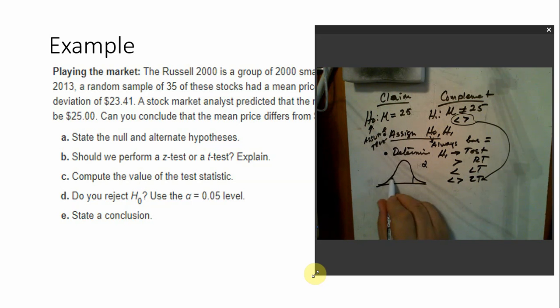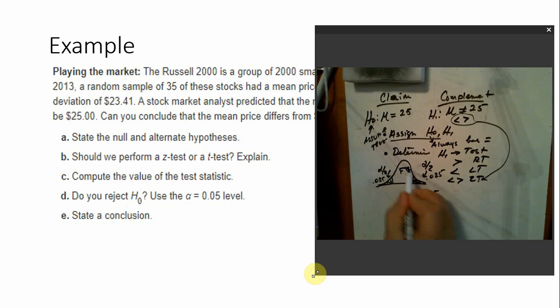And for a two-tailed, I've got alpha over 2 because I split that up. The alpha that we're going to use is 0.05, so each one of these is 0.025, 0.025. I'm doing it by region, and I develop my region here as we go through.